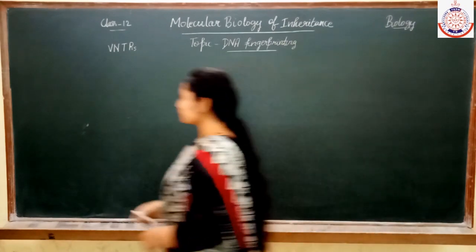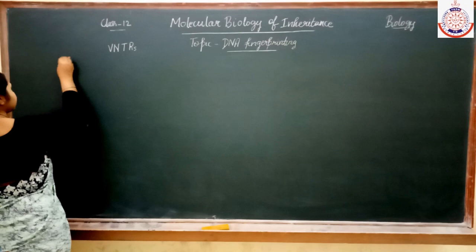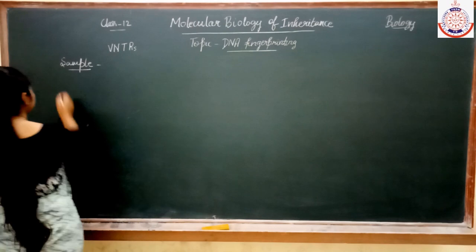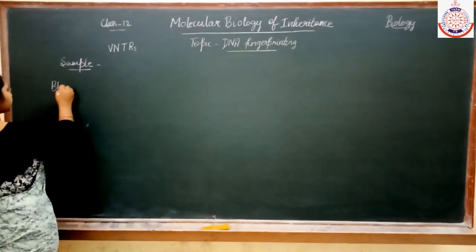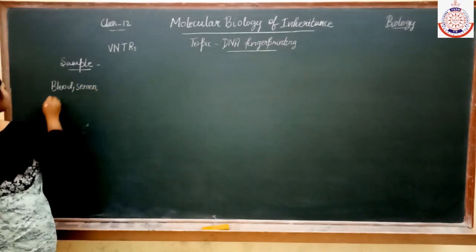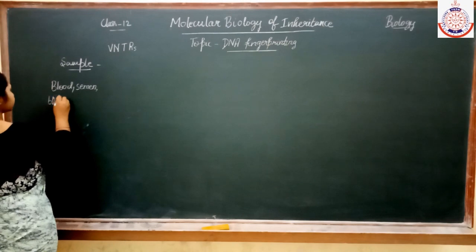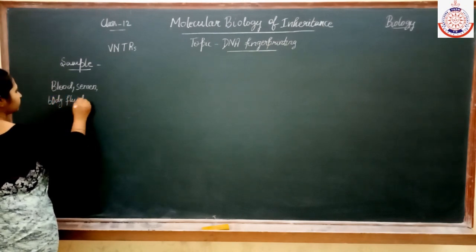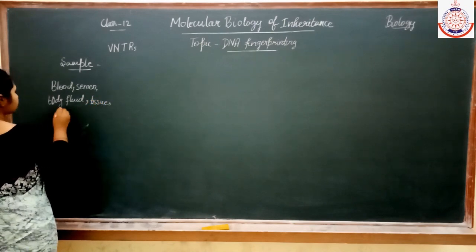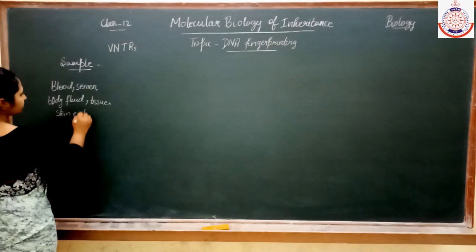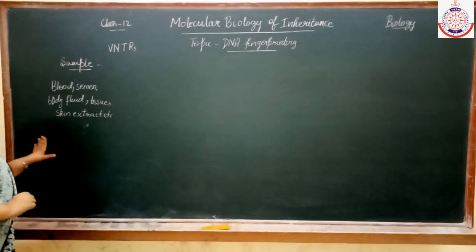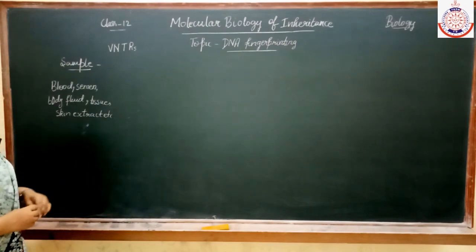Now let's discuss the method of DNA fingerprinting. First is the sample that we take for DNA fingerprinting. It can be blood, semen, body fluid, some tissues, skin extract, etc. These contain cells, and these cells contain the DNA.